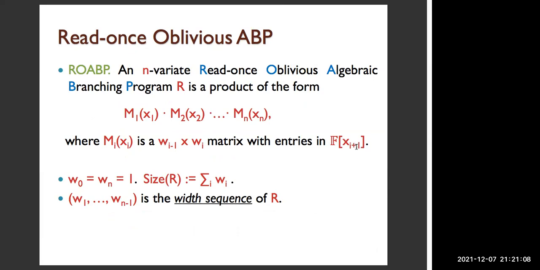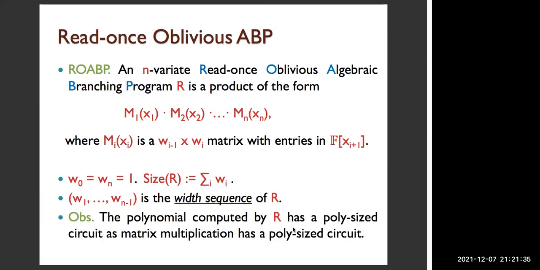It should be xi and not xi plus 1. And the first one is a row vector. The last one is a column vector. That's why these widths are 1. And the size of such an ROABP is defined as the sum of the widths. And the tuple of this sequence of widths is called the width sequence of R. Right? So that's an ROABP.